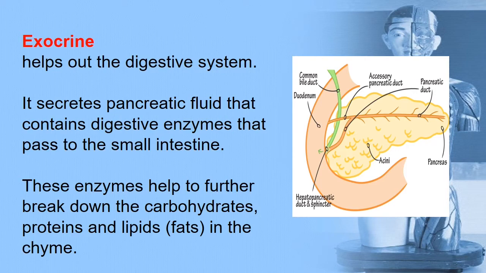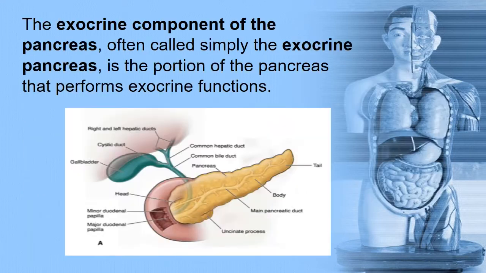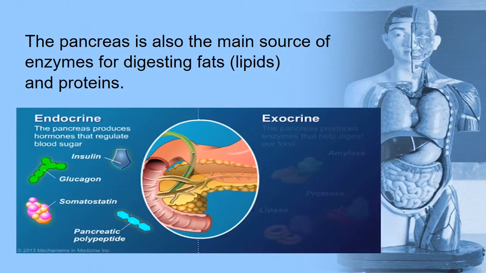So this is the exocrine function. The exocrine component of the pancreas is often called simply the exocrine pancreas. It is the portion of the pancreas that performs the exocrine function. The pancreas is also the main source of the enzymes for digesting fat, that is lipids, and protein.